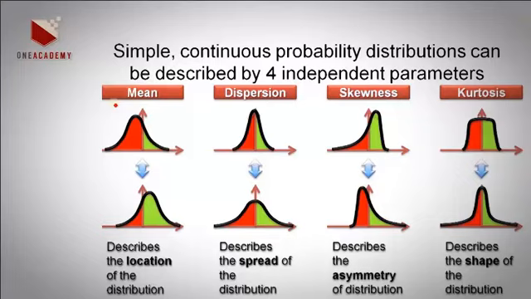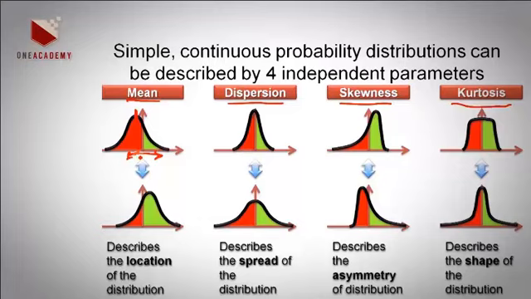I'm just going to give you here a brief reminder that for each probability distribution, there are 4 parameters that are situating it. It is the mean, dispersion, skewness, kurtosis, and what each of them means is that, first of all, the mean of the probability distribution basically shifts left or right, so locates the distribution at the right place.